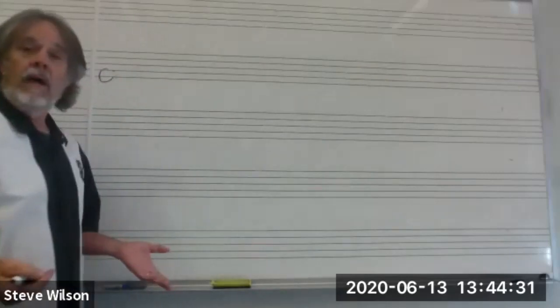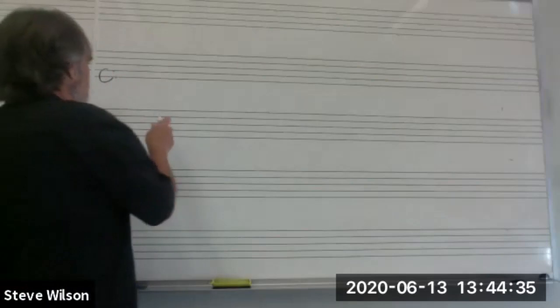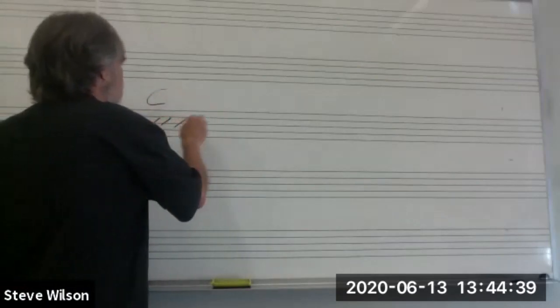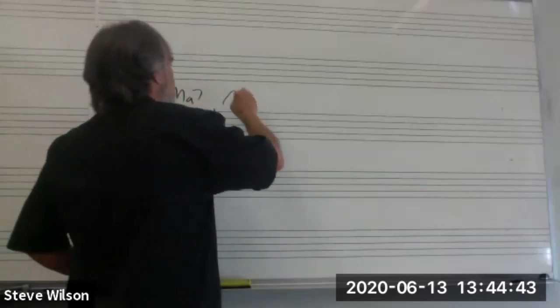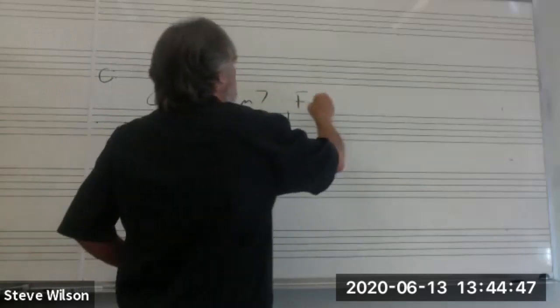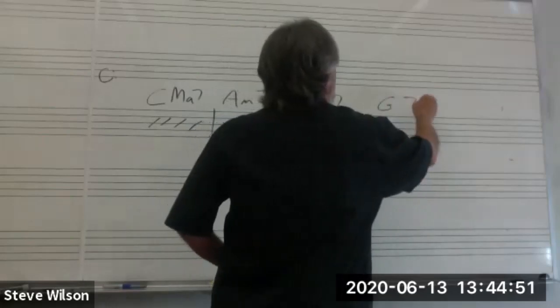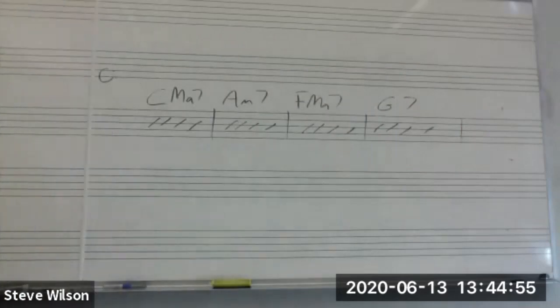Remember the ice cream changes that I gave you? That was going to be something like C. If I do this with sevenths, it's going to be A minor 7. So here's C major 7.